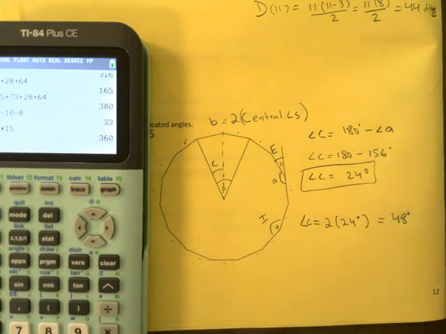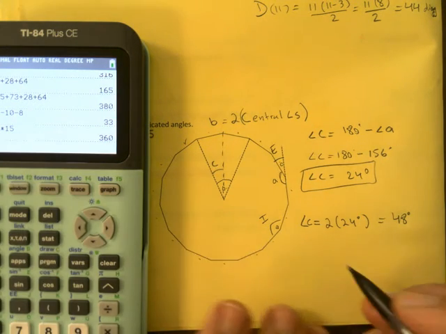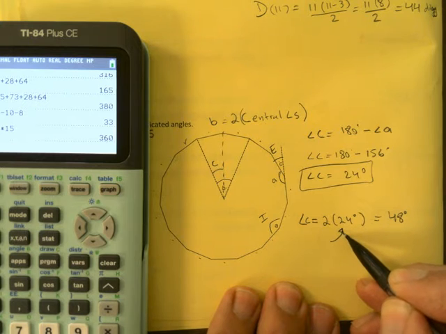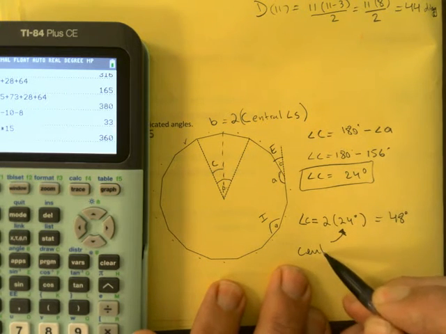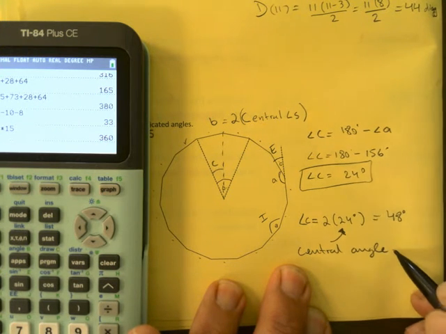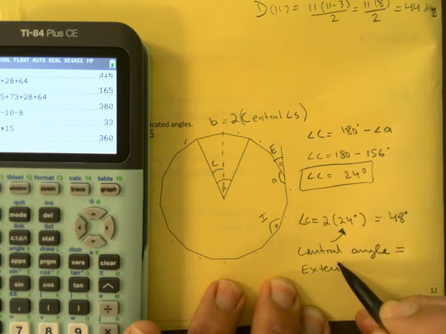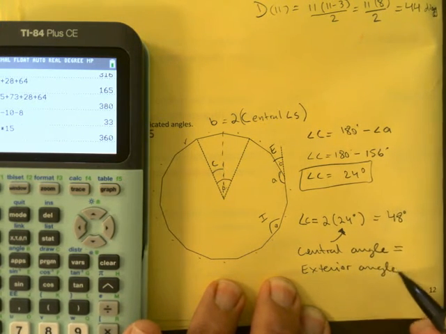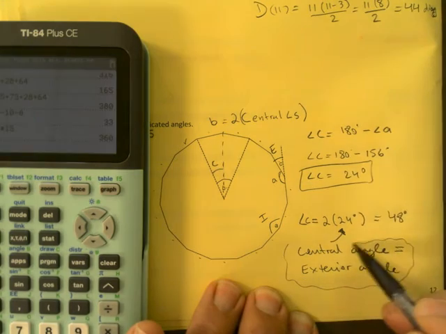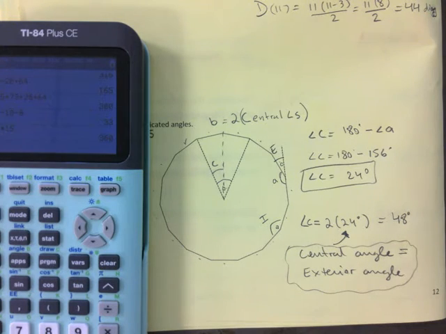Watch out, if it's 3, maybe it's 3 central angles. You have to watch carefully for what's happening here. Why will I do this? I will say this: central angle equals the exterior angle. That's the reasoning for me just using that 24. I just went ahead and used it.